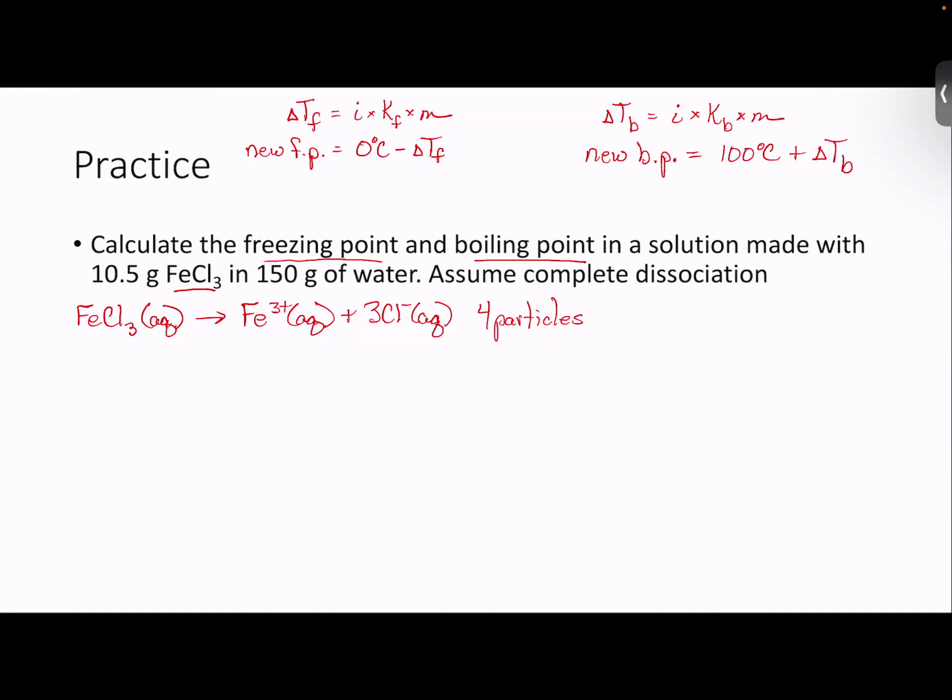So before I can do this, I've already got my I value. I know what that is. I now need to know what the molality of this is.